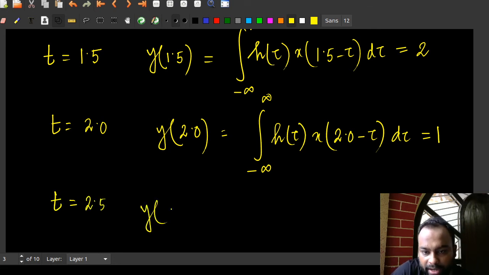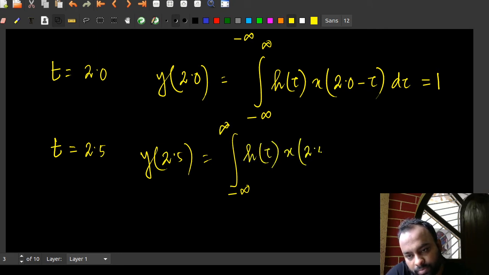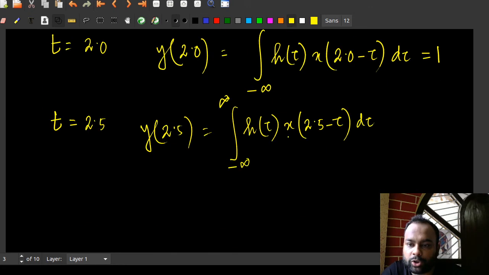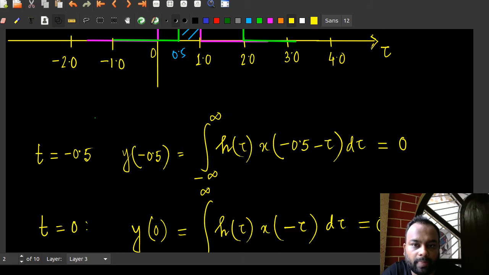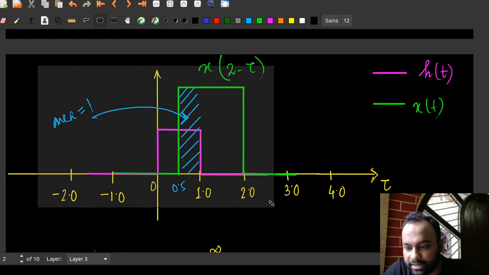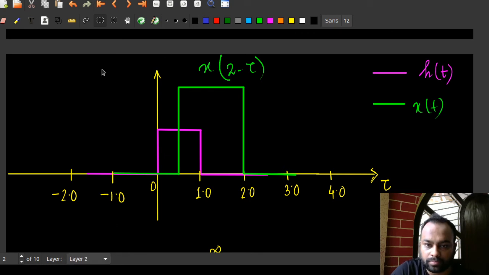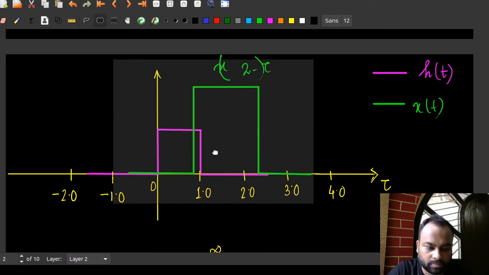That's y(2.5), equal to this integration, so we have x(2.5 minus tau). If you are happy with this, let me delete this then.